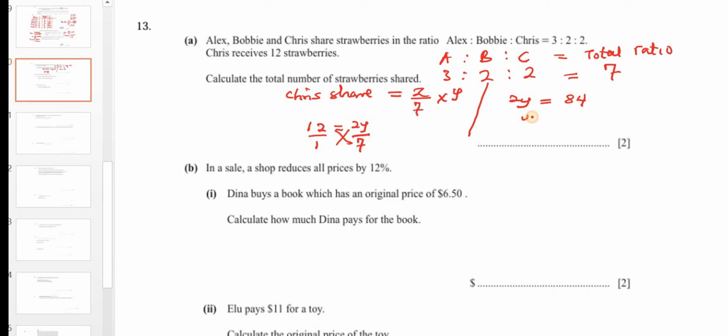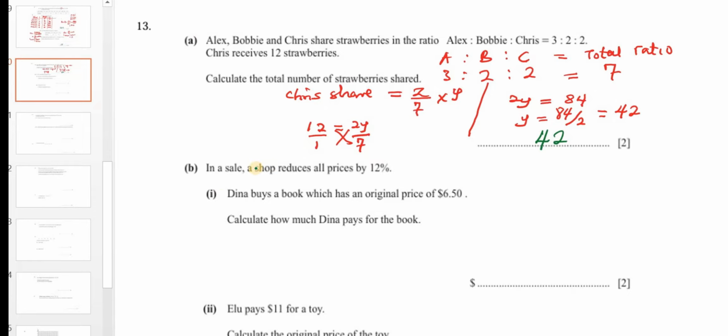By solving, Y will be equal to 84 divided by 2, which is 42. So the total strawberries altogether before sharing will be 42. That's the answer for the total strawberries.